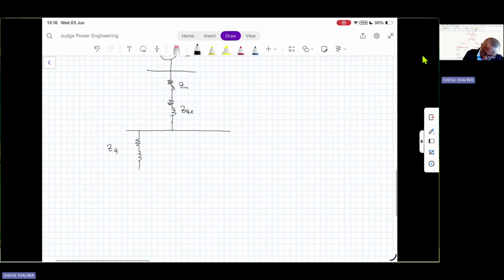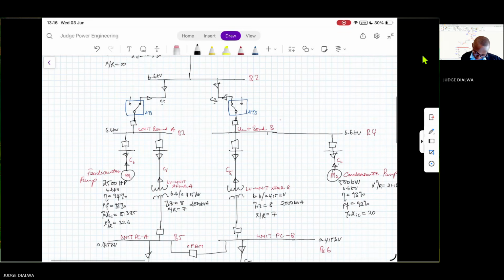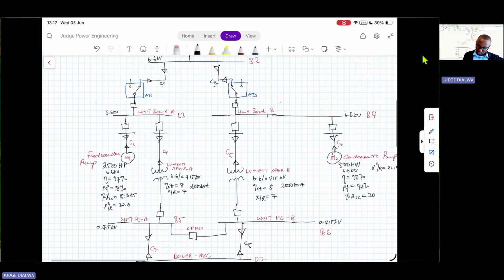Remember, we have our unit generator here. I mean, unit transformer, sorry, unit transformer. This will be our unit transformer. This will feed our two boards, unit board A and B. But before that, we have two cables, right?